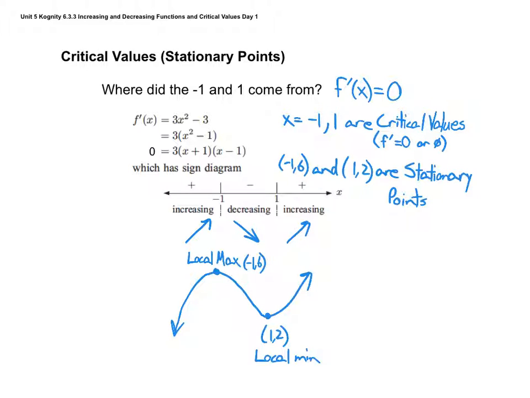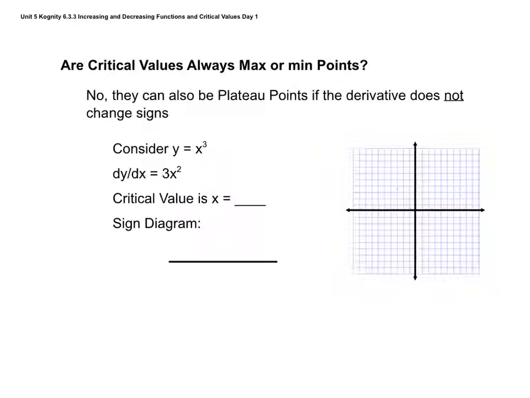Again, we're learning a lot of terminology in this section. We're going to be using it throughout the week and really throughout the rest of the year here. But one other question that comes from this is, are critical values always going to give us some max or min points? No. The answer is no. We have what are called plateau points.